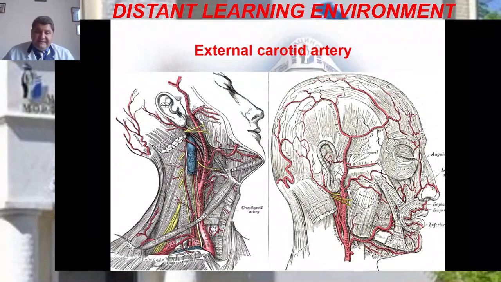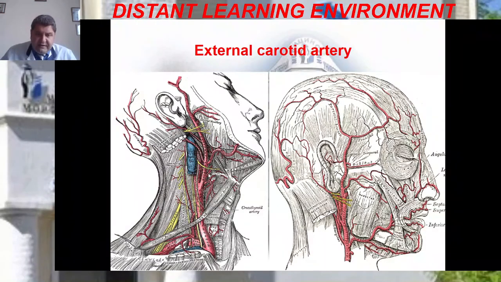You may see this artery here, and also the difference between the external and internal carotid arteries on this picture. The external carotid artery gives branches on the neck and head.